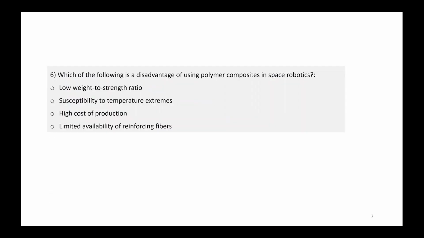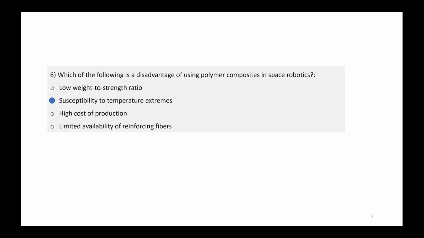Sixth question was: which of the following is a disadvantage of using polymer composites in space robotics? Options were low weight to strength ratio, susceptibility to temperature extremes, high cost of production, or limited availability of reinforcing fibers.